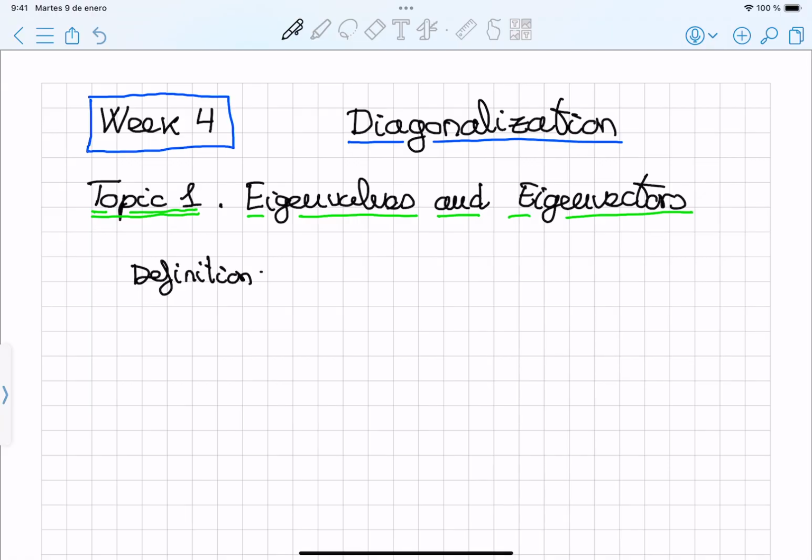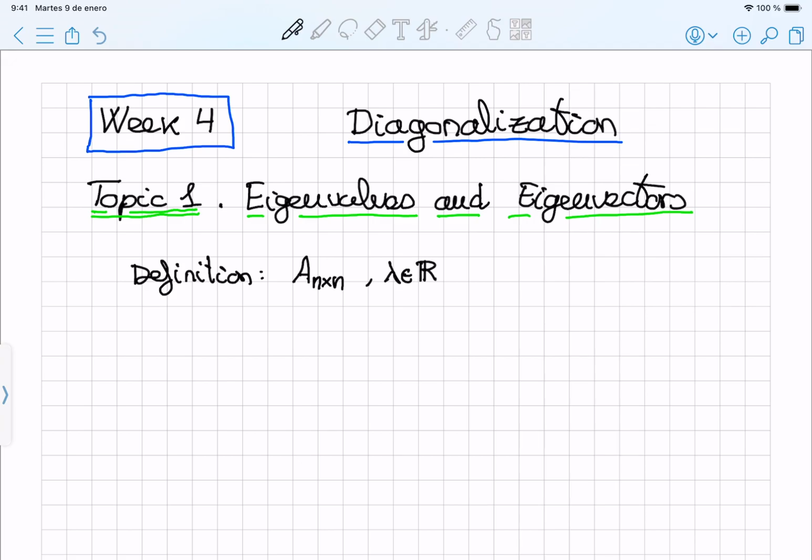The first thing we are going to define is what is an eigenvalue. So for us during this whole week, we are going to work with a square matrix. So if it's a matrix A, which is square, this means that it has the same number of rows and columns, in this case n, whichever n it is. And let us fix a real number.